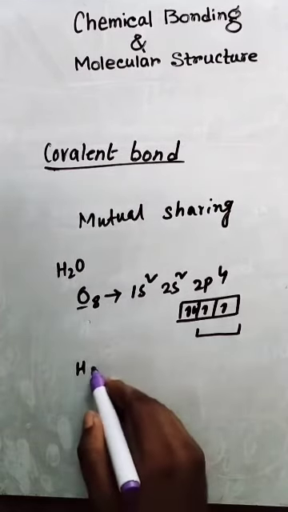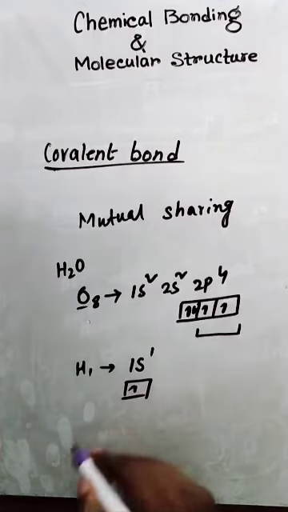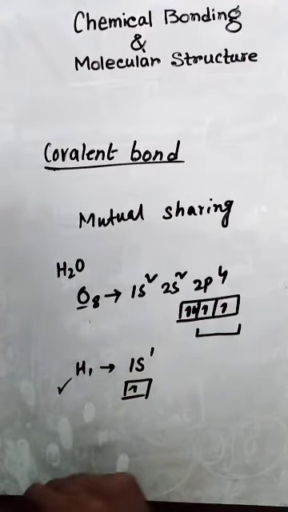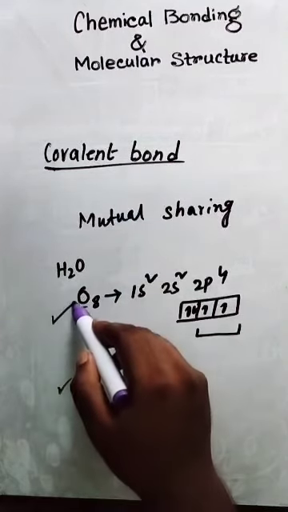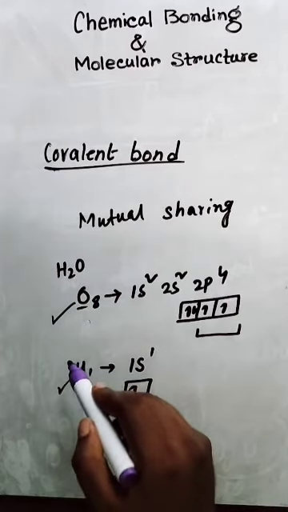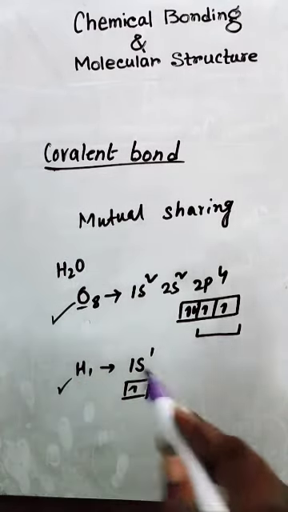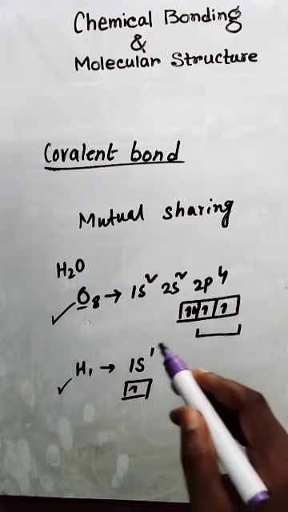In the case of hydrogen, there is only 1 electron, that is 1s1, and hydrogen requires 1 electron to gain a stable electronic configuration like helium, which has 2 electrons in its valence shell. So oxygen requires 2 electrons for octet configuration, and hydrogen requires 1 electron for duplet configuration.